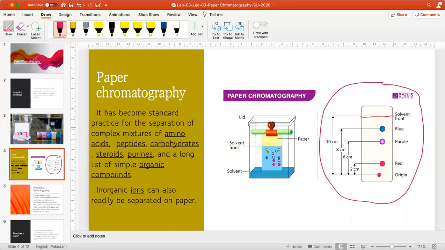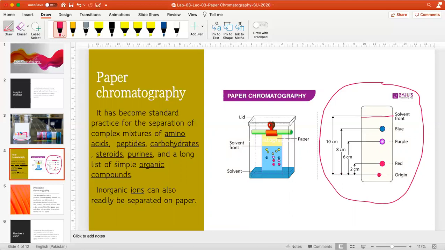When it reaches the end, we calculate the distance. For example, this distance is 10 centimeters. Then we see that there are 3 drops over here: a red colored drop, purple, and blue. The distance traveled by the red component from the origin is only 2 centimeters, 6 centimeters for purple, and 8 centimeters for blue.